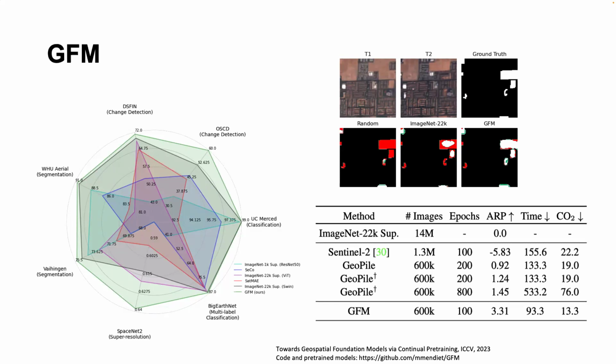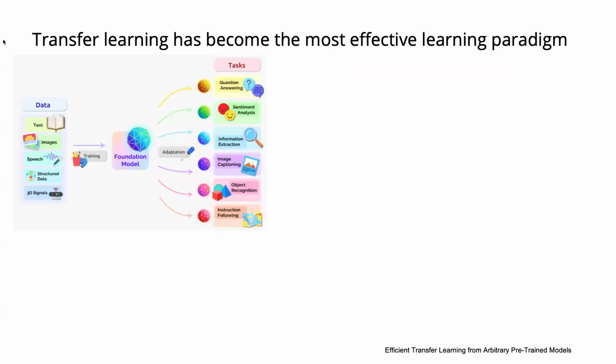For example, SAR, like radar images, is very important because it can penetrate the cloud. So we have another pre-trained model that's pre-trained on multi-sensor. We hope the legal process could be faster so that we can release the pre-trained model. But for this one, you can find the pre-trained model, download it and play around with it.